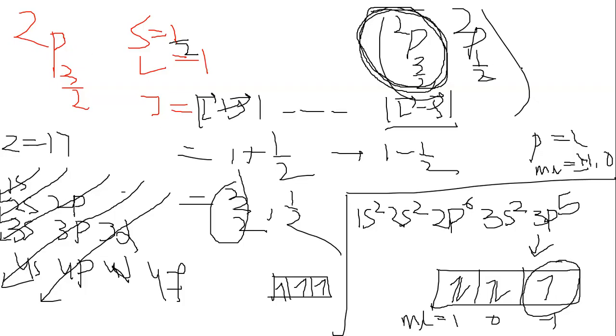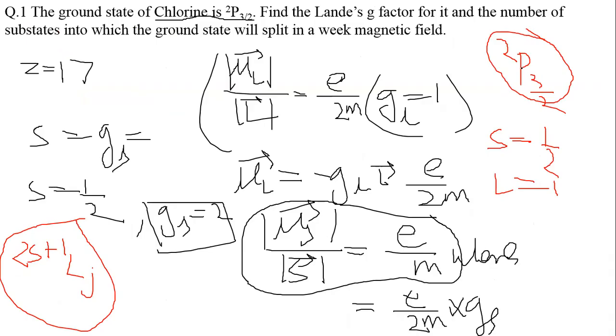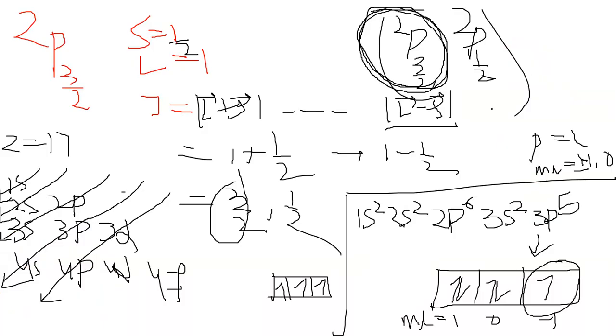So in the question it is given that the ground state of chlorine is 2p 3 by 2. Did everybody understand why the ground state of chlorine is 2p 3 by 2, not 2p half? Does anyone have any doubt regarding this?